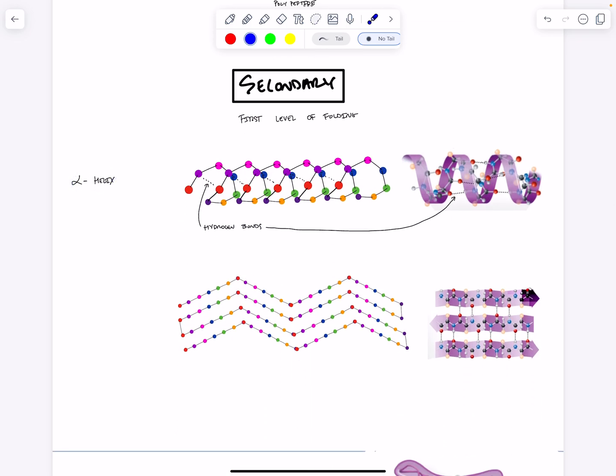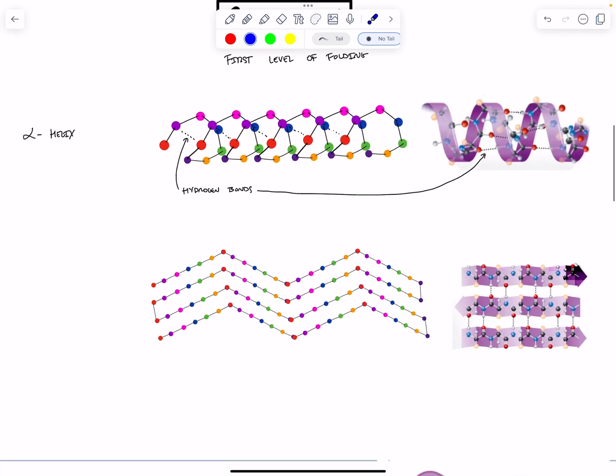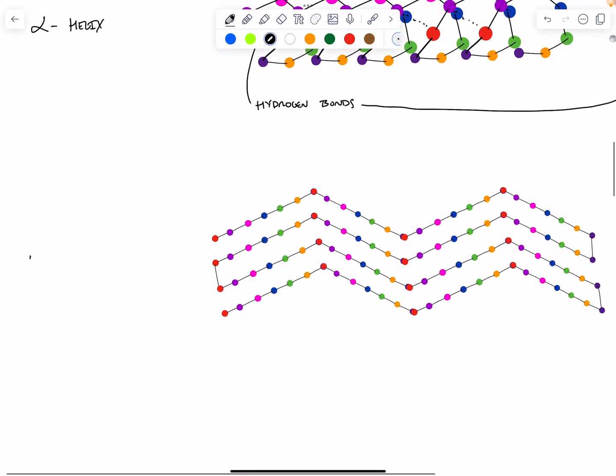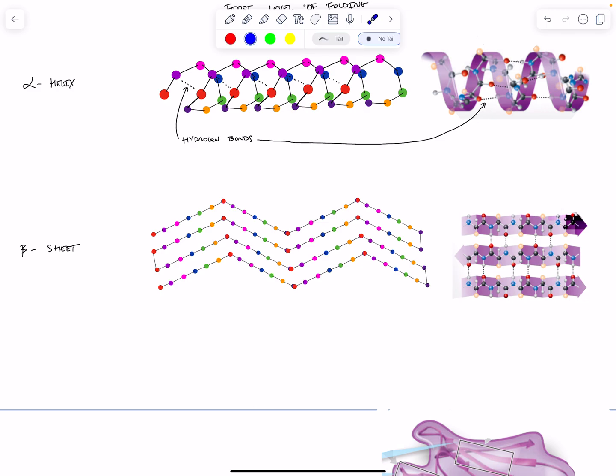So this alpha helix is one type of folding pattern. Another very common folding pattern is called a beta sheet. A beta sheet is when amino acids are folded back one chain on another to make kind of a flat blanket-like shape.